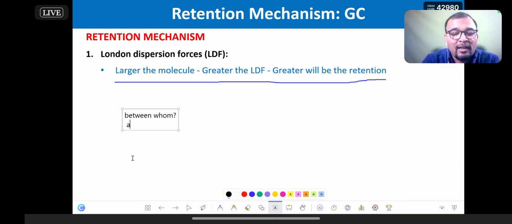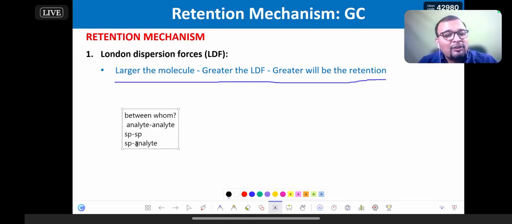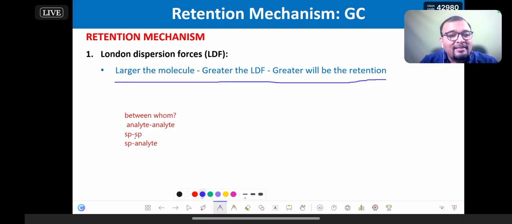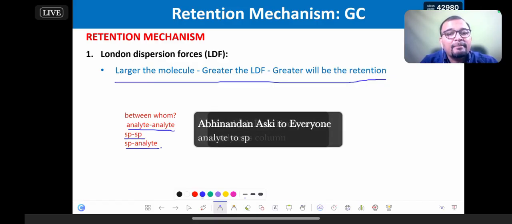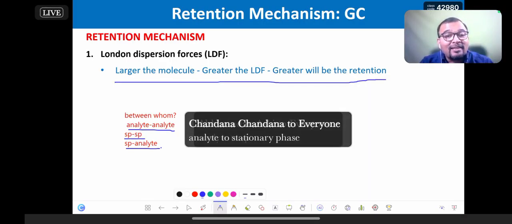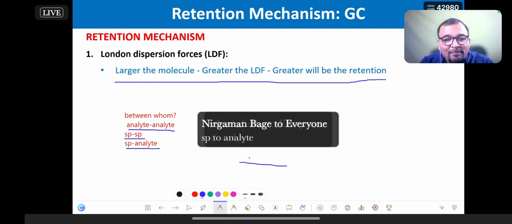Is it analyte to analyte, or stationary phase to stationary phase, or stationary phase to analyte? Please understand this point. We are talking about the retention mechanisms on the stationary phase. So this is your stationary phase inside the column, isn't it?